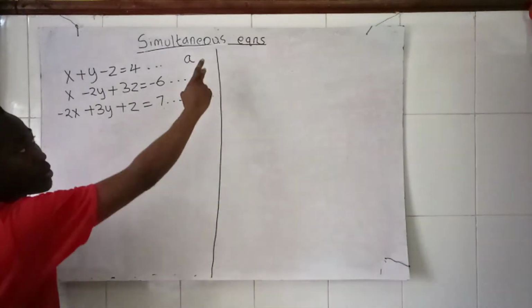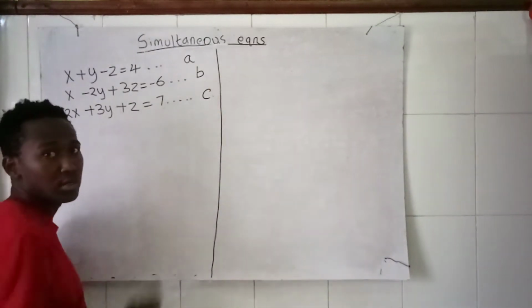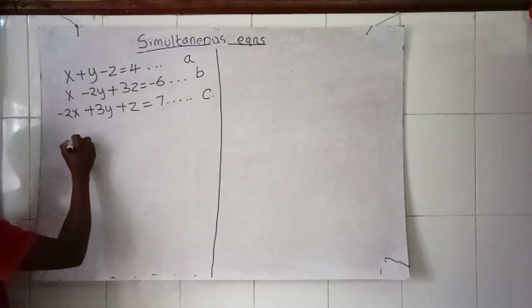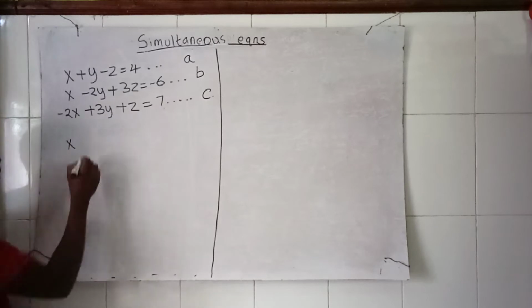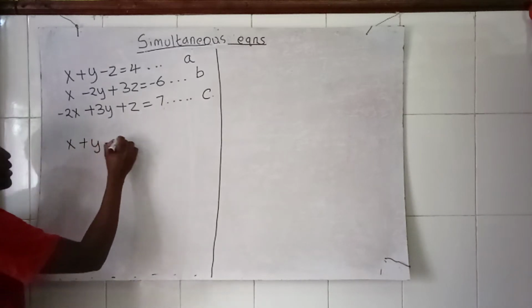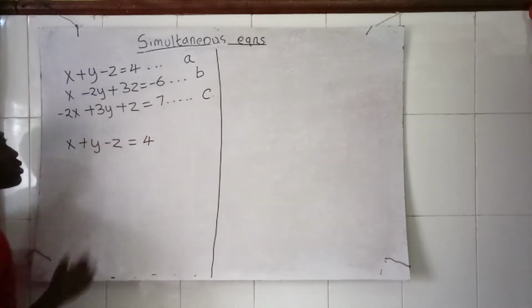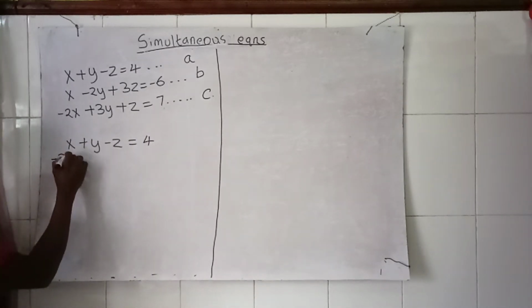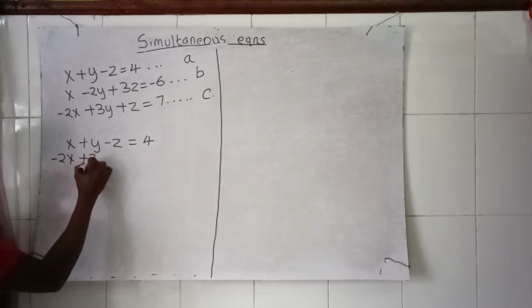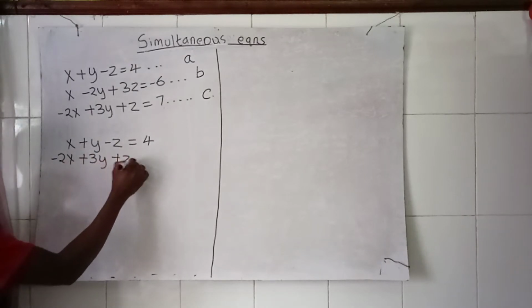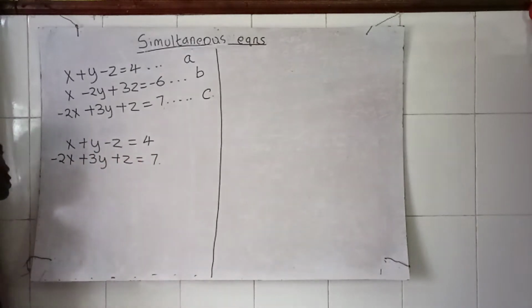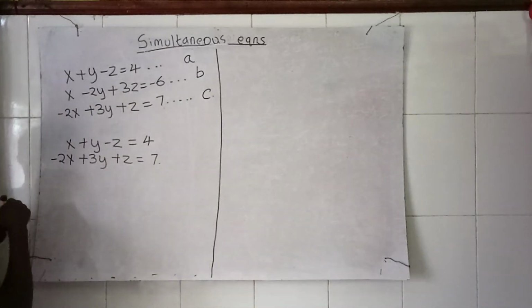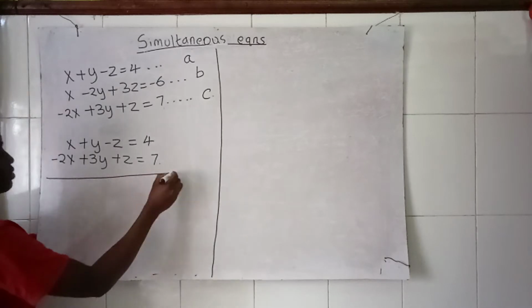So I'm going to consider equation A and equation C. For A and C, I'm going to have x plus y minus z is equals to 4. Equation C, I have negative 2x plus 3y plus z is equal to 7. So ukiwa hapo, we're going to eliminate one of these.